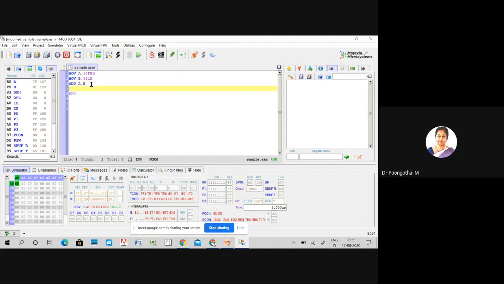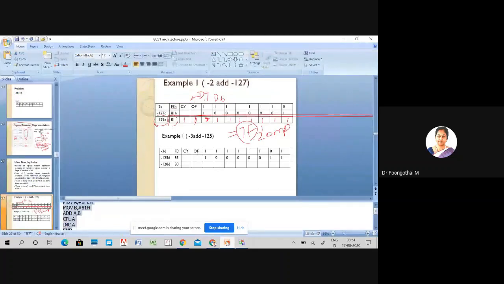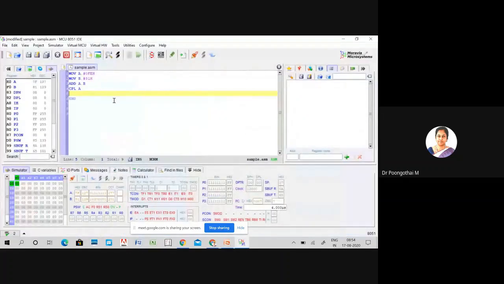For 2's complement, you have to complement the accumulator content to perform the 1's complement operation. So CPL A. Next, increment your accumulator to get your 2's complement answer. Okay, let's run this code now.